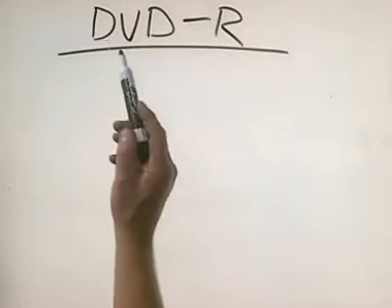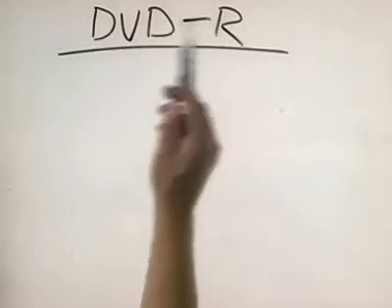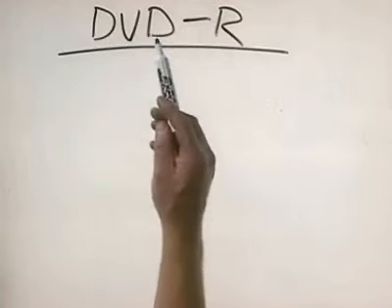Now, just like we have recordable CDs, we also have recordable DVDs. The first one we need to look at is the DVD-R. We'll see in just a minute there's also such a thing as a DVD plus R. However, you should never refer to this as a DVD minus R. It's just a DVD-R.